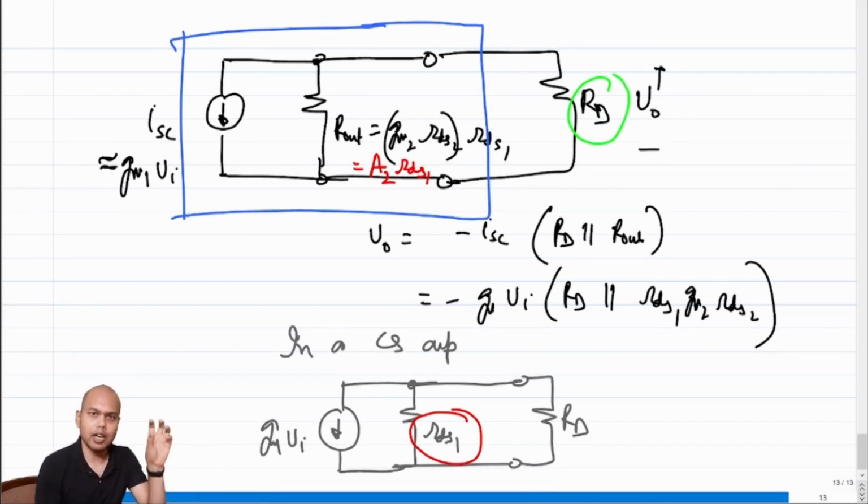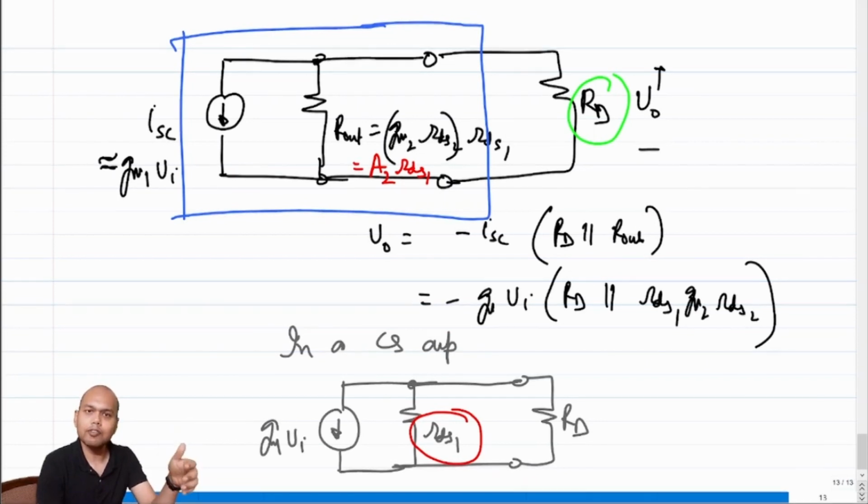The solution is to put a current buffer in between, to help the incremental current from the transistor flow into the load R. With the current buffer in, the entire contraption looks like a better current source, because the short circuit current remains almost the same under certain conditions, whereas the output resistance is higher.